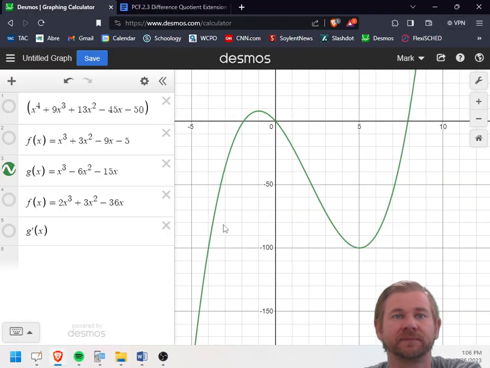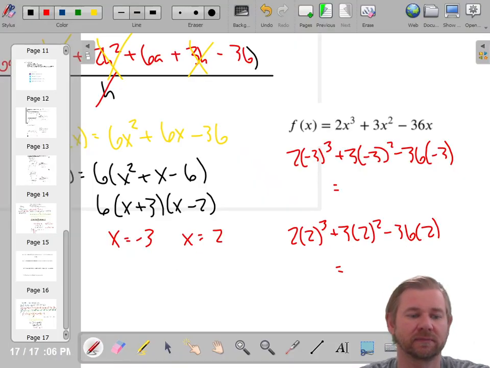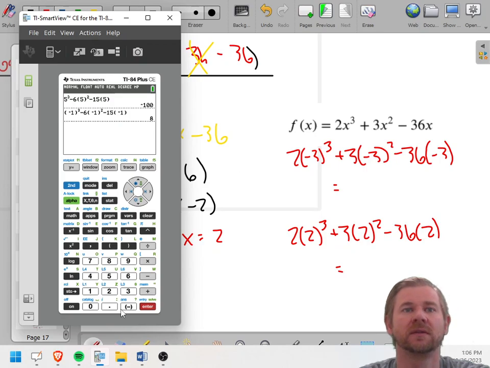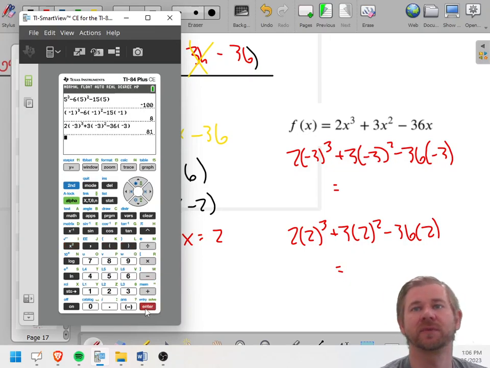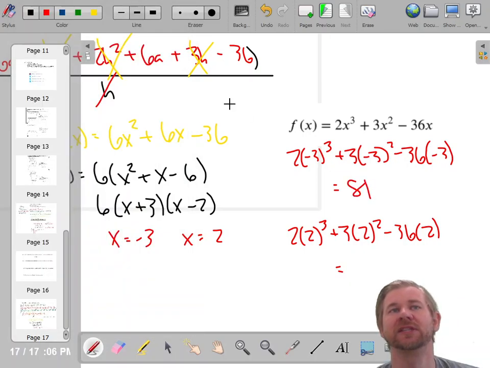Here's my calculator. When I plugged in negative 3, I got 81. That means the ordered pair for the turnaround point should be negative 3, 81.